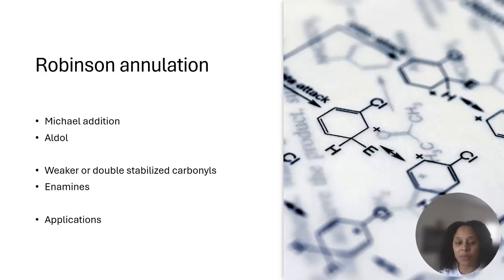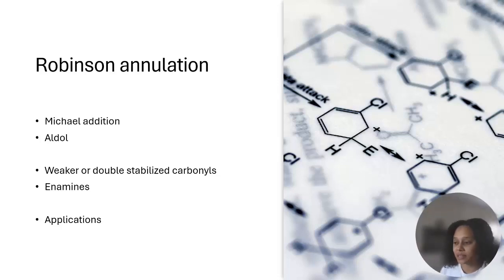We're going to do a practice problem, and we did one in class, and we're going to continue doing practice like I said. But what I want to emphasize in this lecture is that we need to use weaker nucleophiles for the Michael addition, like enamines, like Gilman's, or we might use doubly stabilized carbonyls. We can use these to attack the beta position.